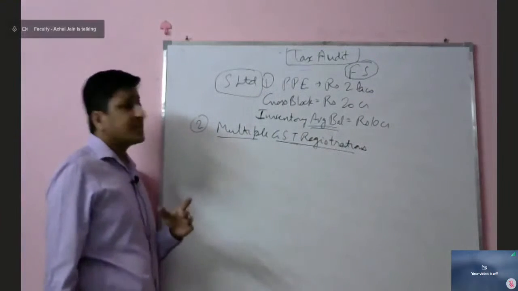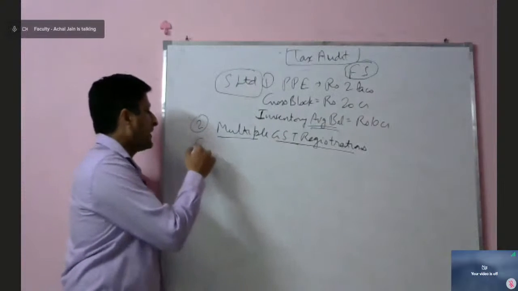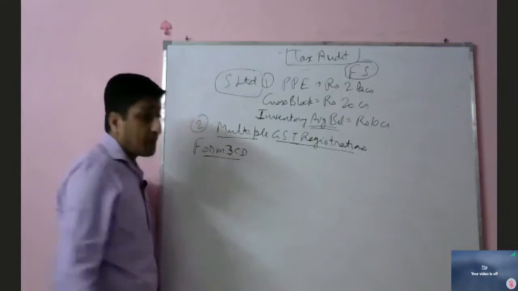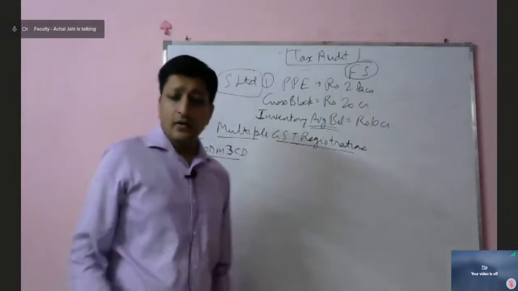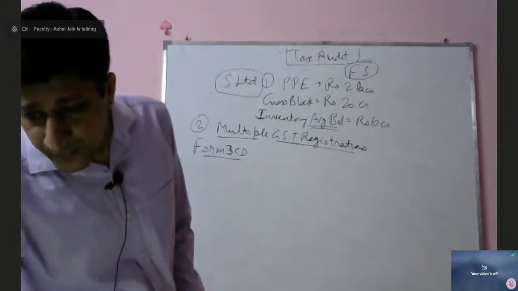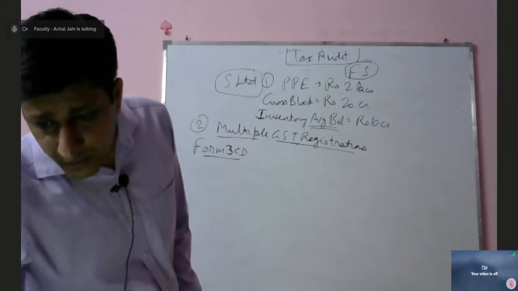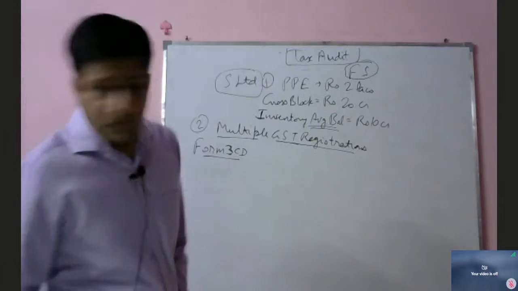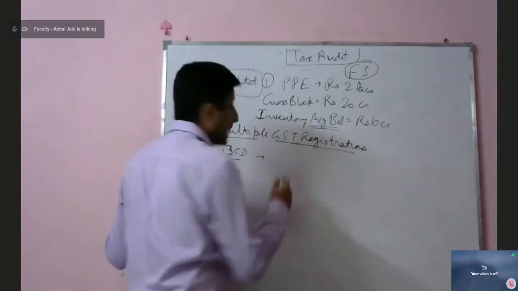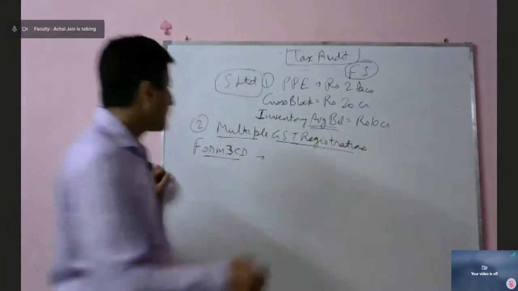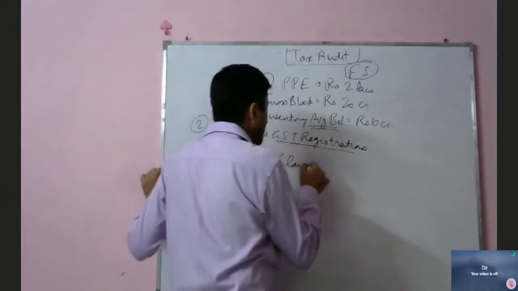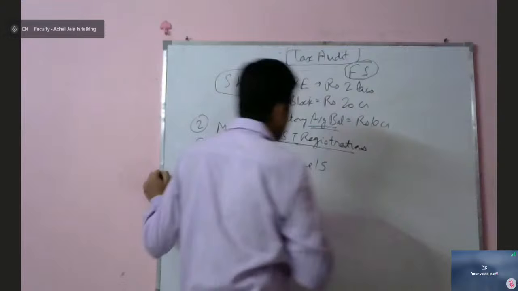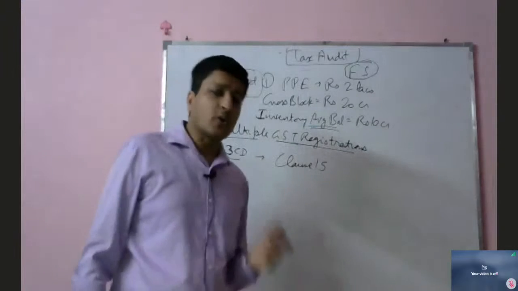So now let's see what has happened during the year. In Form 3CD, management did not report anything under clause number 15, which is the conversion of capital asset into stock in trade.